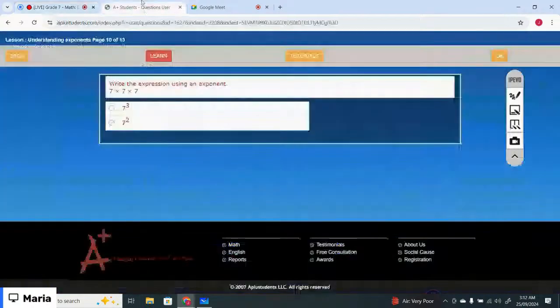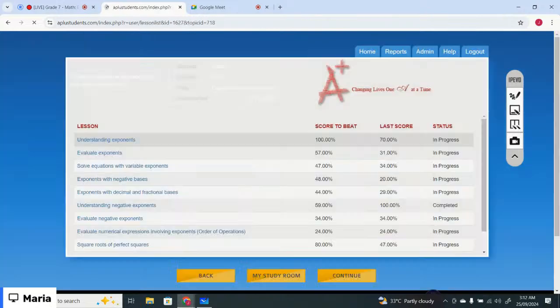Write the expression using an exponent. So which is the correct option? 7 times 7 times 7. So 7 is multiplying 3 times, right? So that means option number 1 is the correct option. That is 7 to the exponent 3. Okay, you can complete the lesson by yourself later today. Let me just move on to the next lesson.